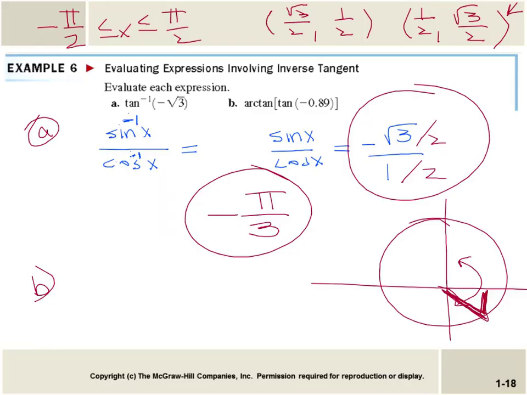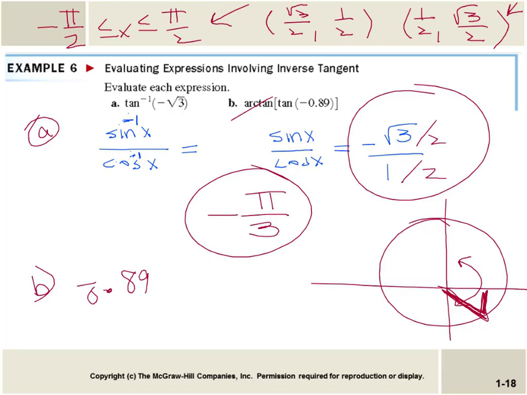Where is inverse tangent defined? Same as sine. Yeah, so these just cancel. The answer is just 0 minus 0.89, 0.89.